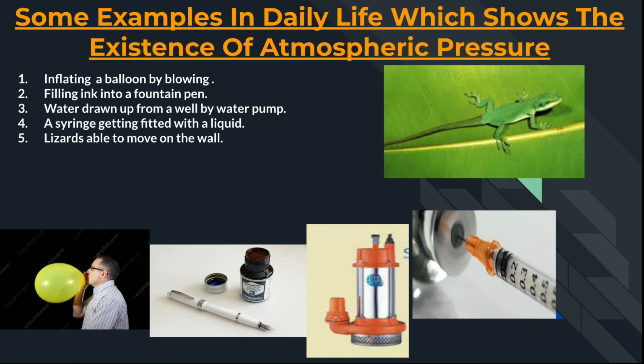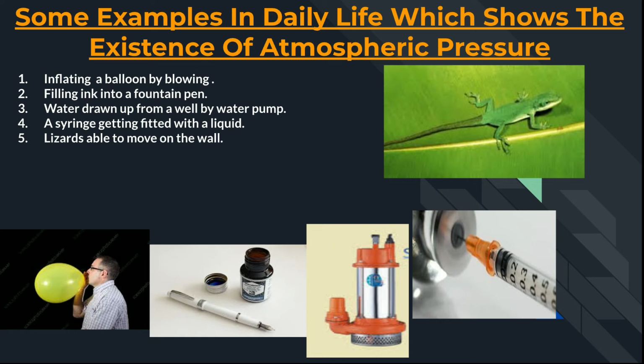Then a syringe gets filled with a liquid. We force the air out of the syringe, and in its place the liquid fills up. In the syringe column there is no air pressure, and outside the air pressure is more, so it is filled by the liquid.